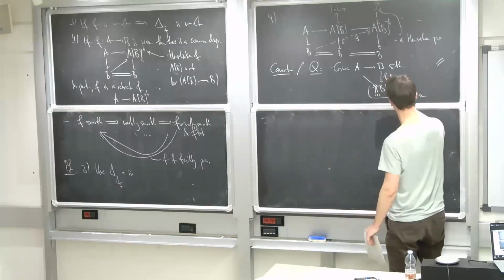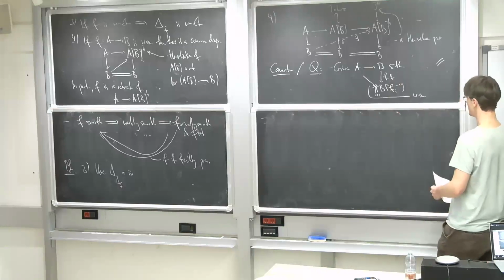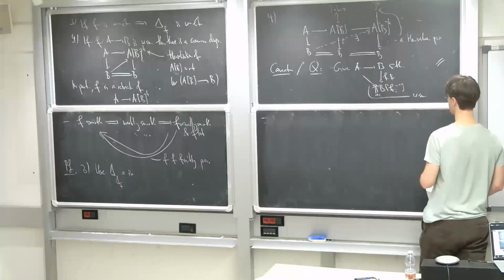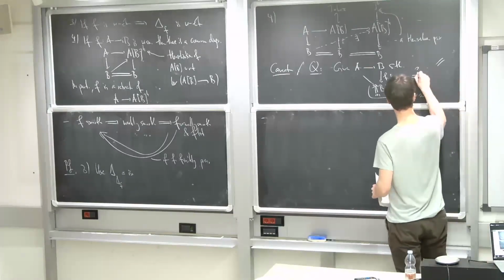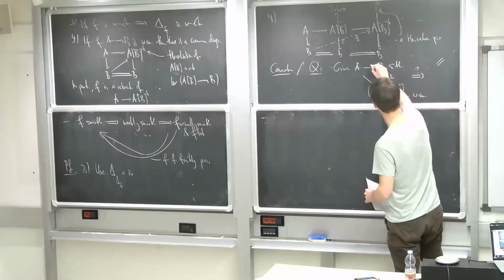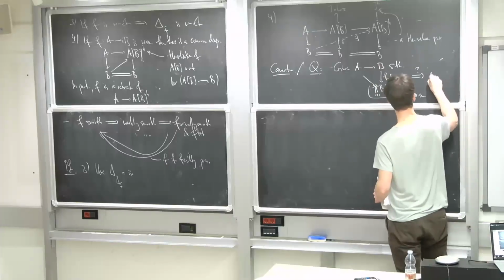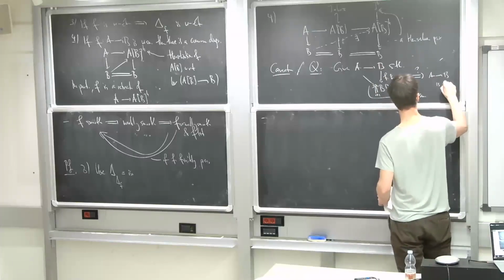In other words, this is a Zariski covering. Given the Zariski covering of Spec B by this, such that the composite is weakly smooth, I don't know whether or not this implies that A to B is weakly smooth.